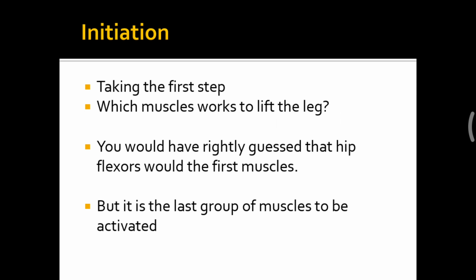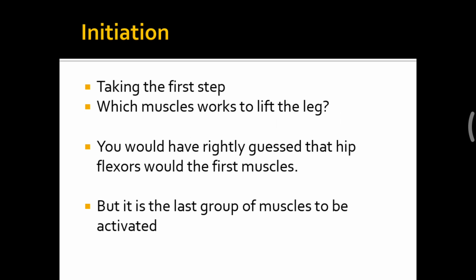Now, during standing, we all know that the center of mass is going to lie in the center, right? But if you're going to lift one leg, your center of mass has to move to the side. So every one of us would think that, okay, to lift a leg, my hip flexor has to act, but it's not the truth.